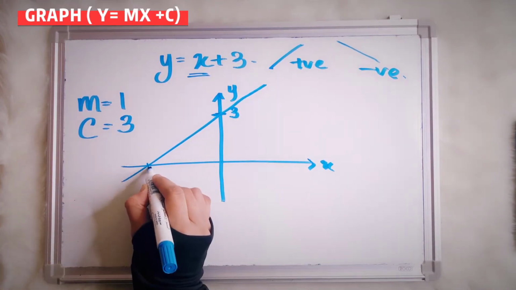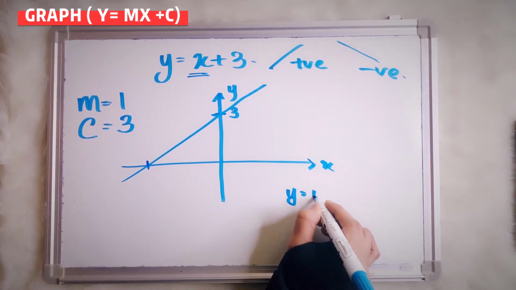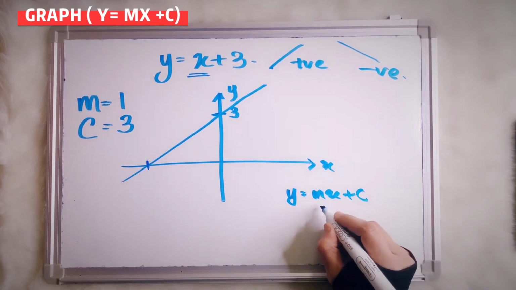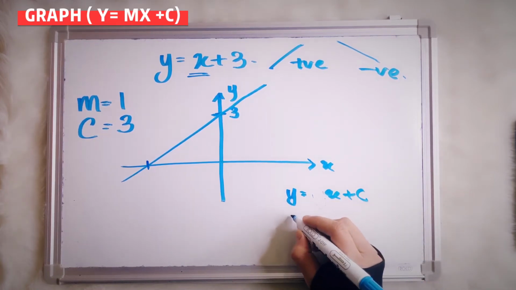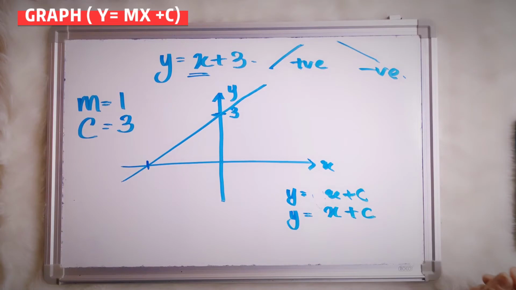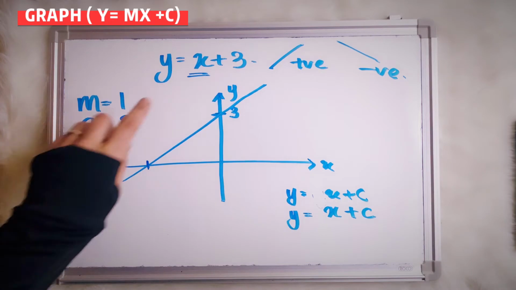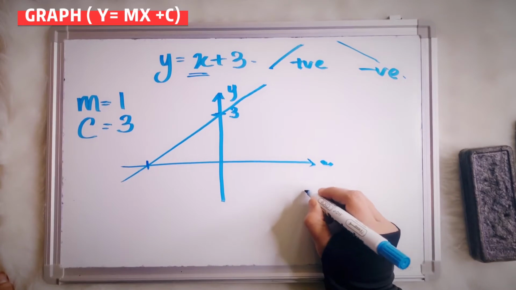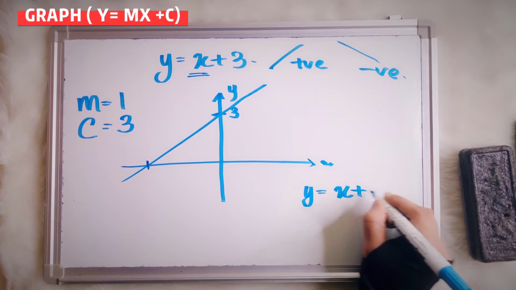So we want to find the value here. Now y equals mx plus c. Your m equals 1, right? So y equals x plus c, and your c equals 3. So y equals x plus 3.